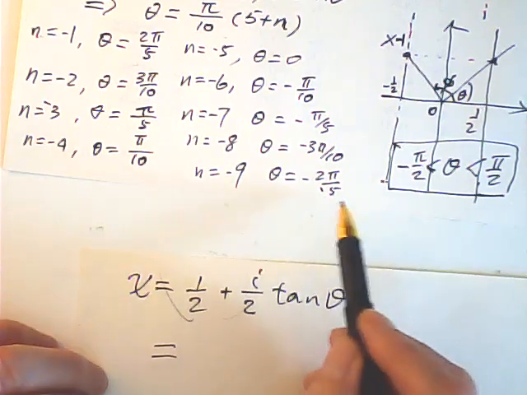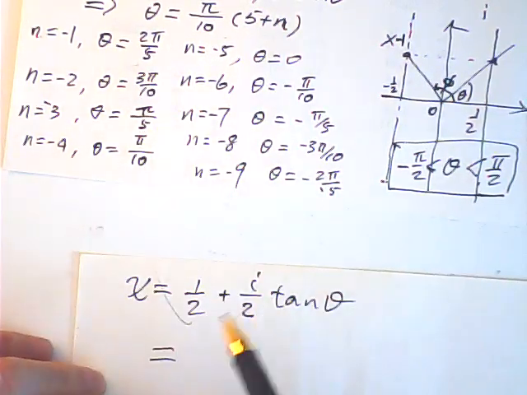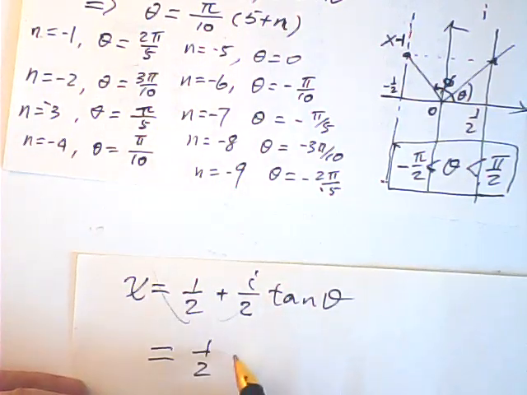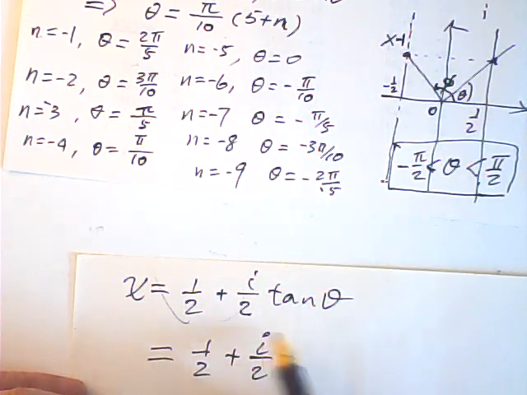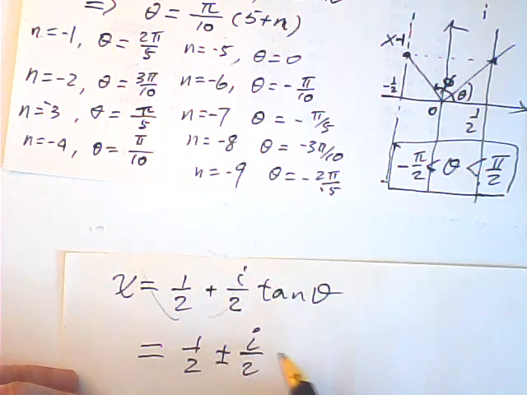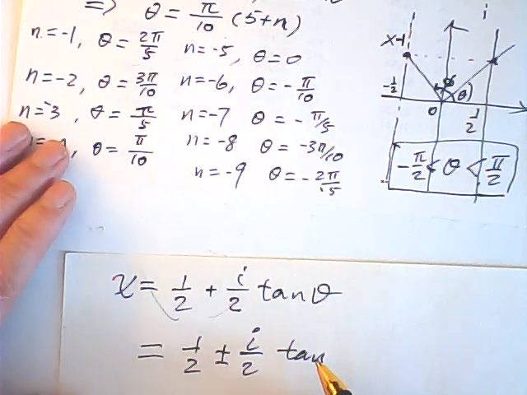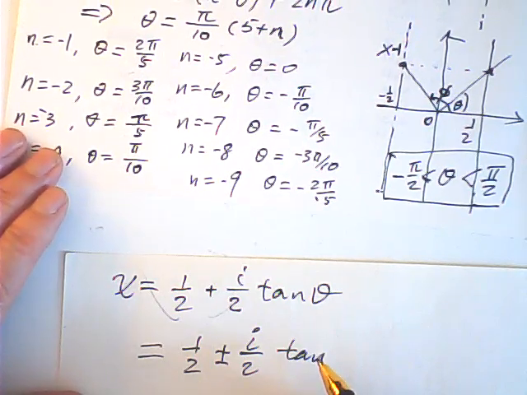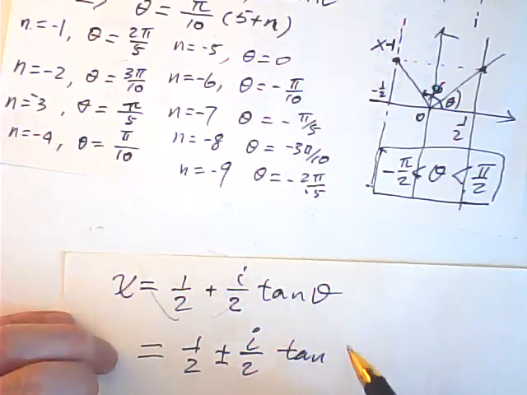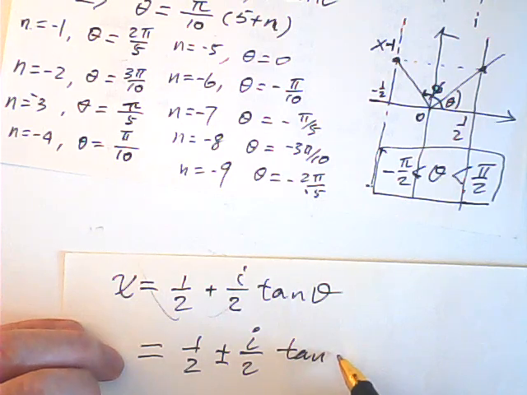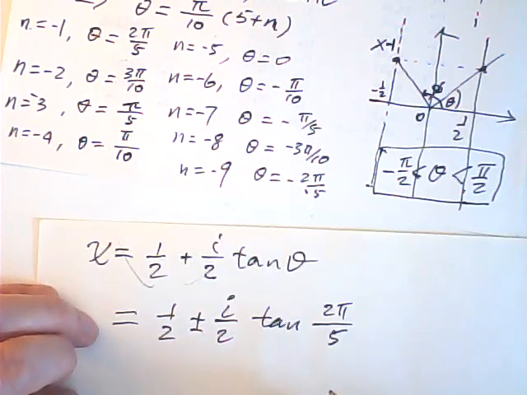This and that we can combine: 1/2 plus or minus half I tangent of 2 pi over 5.